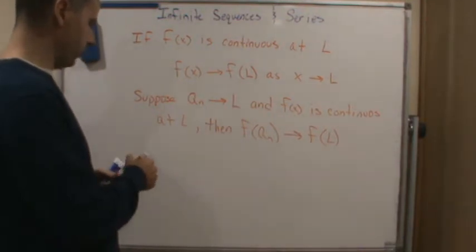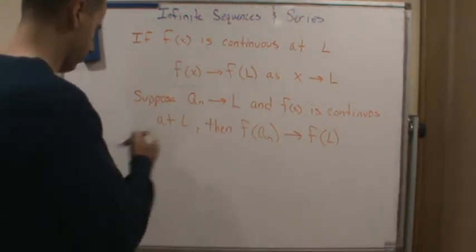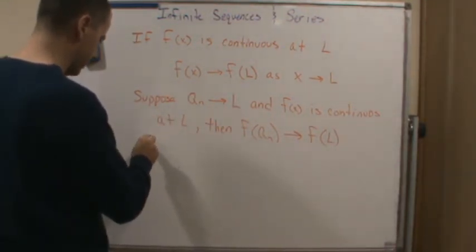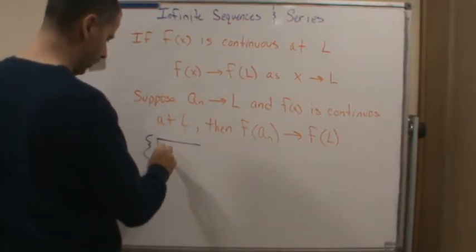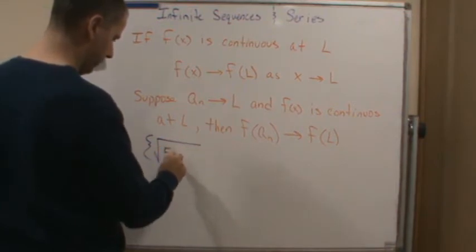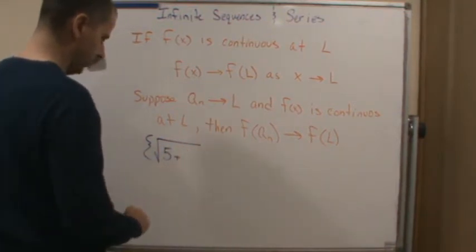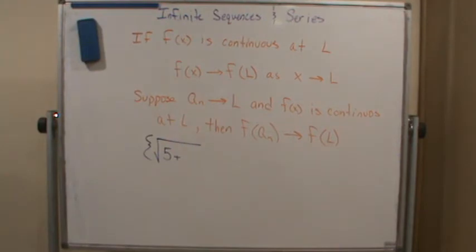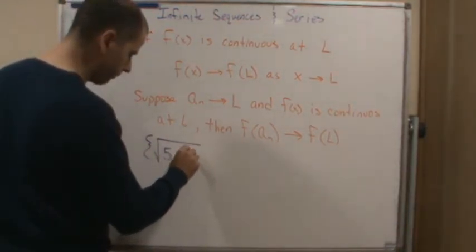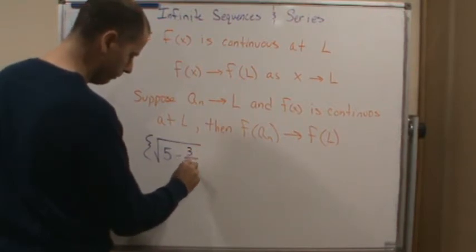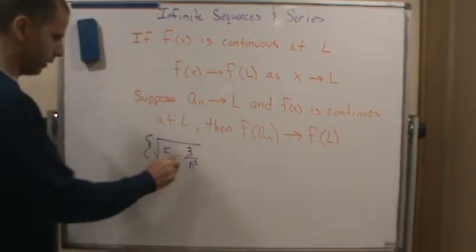What if we use the sequence, the square root of 5 minus 3 over n squared.